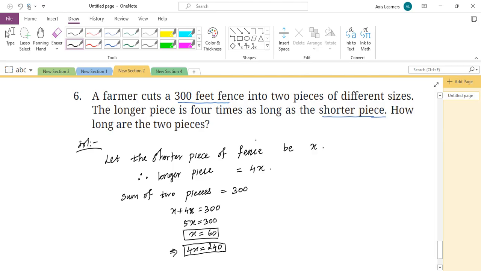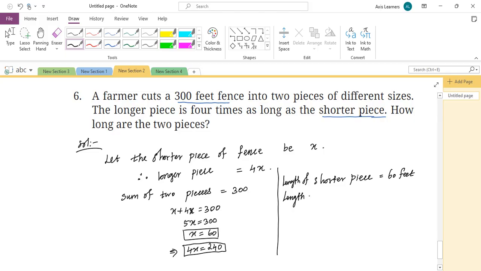Okay, so we found two values. We can write it in a statement. How long are the two pieces? The length of the shorter piece is equal to 60 feet.